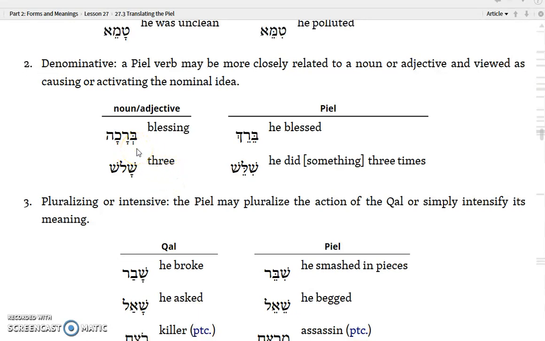So you have berakah, blessing, but then you have berech, he blessed. And it could be that what the Piel has done is simply taken a noun form and turned it into a verb. But with shalosh, shalosh means three, but then the verb shillesh means you did something three times. Again, taking the noun and turning it into a verb.